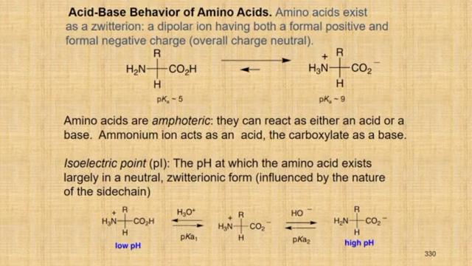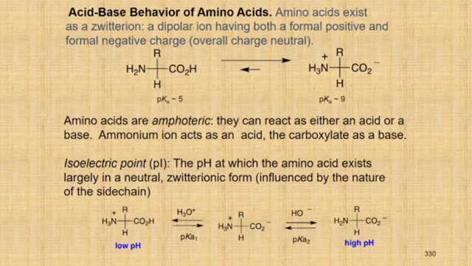What do we mean by that? An acid is a proton donor, while a base is a proton acceptor. So amino acids can act as a proton donor or as a proton acceptor, depending on the conditions in which they are.